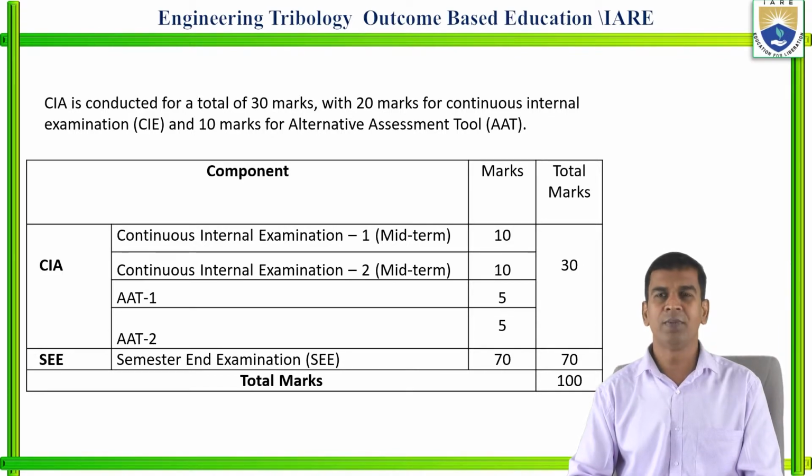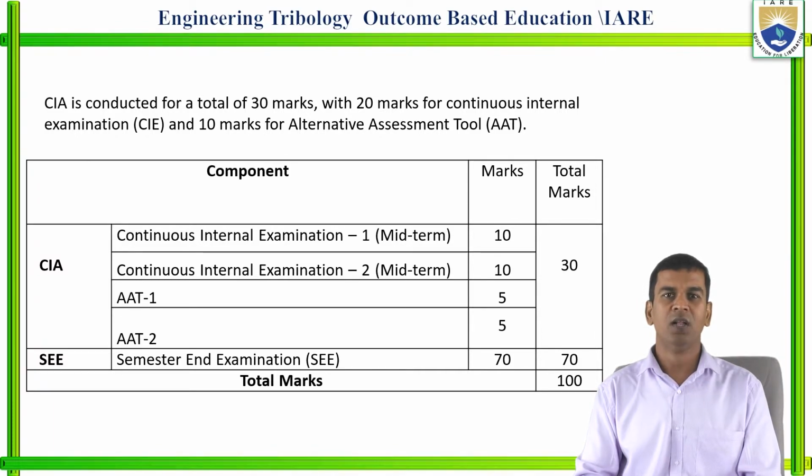Total CIE will be 30 marks and the semester end examination, SEE, is evaluated for 70 marks. In total, the subject is evaluated for 100 marks, including 30 marks for CIE and 70 marks for SEE examination.